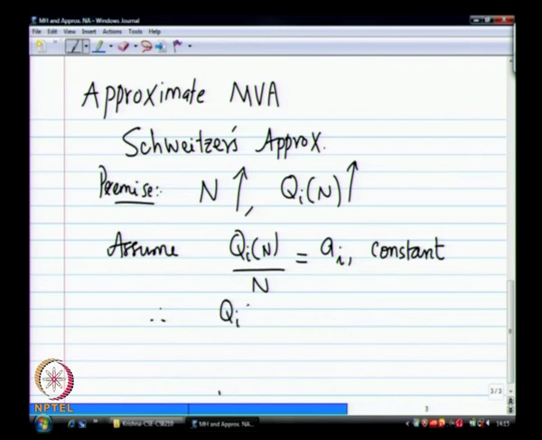So with n minus 1 customers this is the ratio, and with n customers this is the ratio.